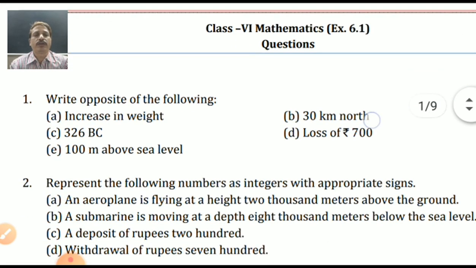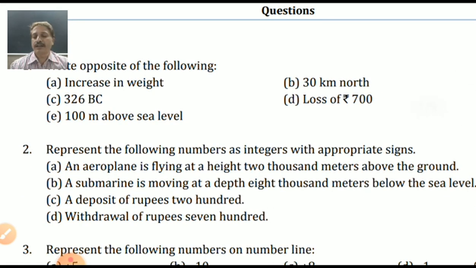First see the question number 2. Represent the following numbers as integers with appropriate signs. See students, sign means plus sign or negative sign, minus sign. There is no need to show the plus sign, but negative is compulsory. An aeroplane is flying at a height 2000 meters above the ground.